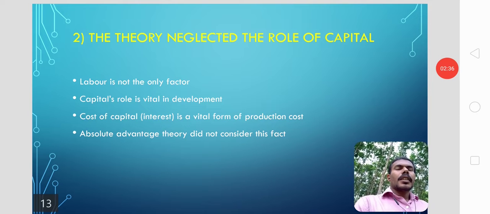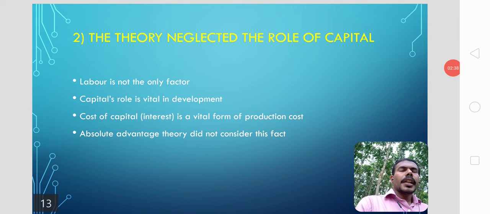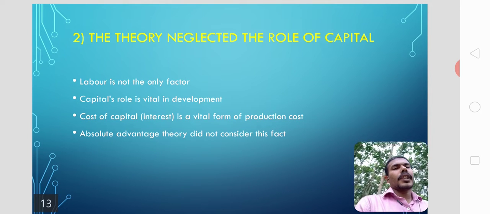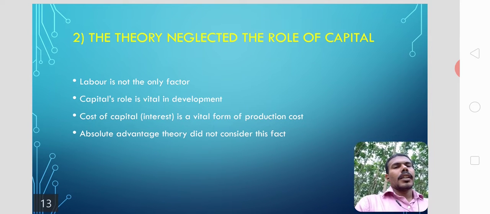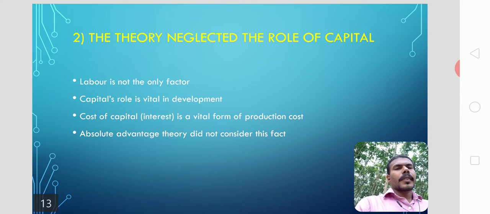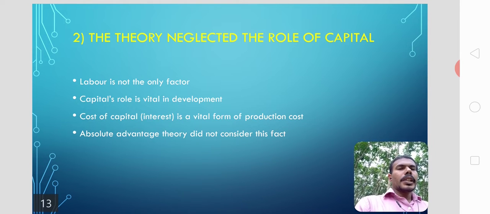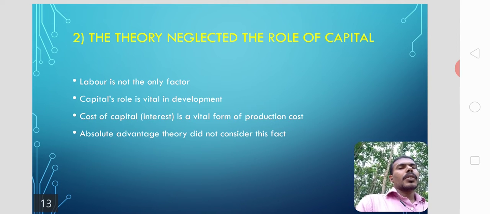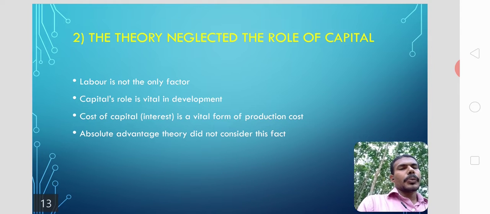The second criticism is that the absolute advantage theory neglected the role of capital. Capital is a vital factor of production, in fact, in the present day trade economic situation. Capital's role is vital for developmental projects. So cost of capital is an unavoidable cost in the present day trade situation, but this has been completely neglected.